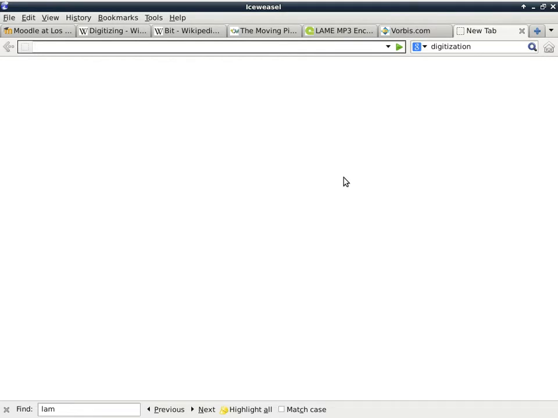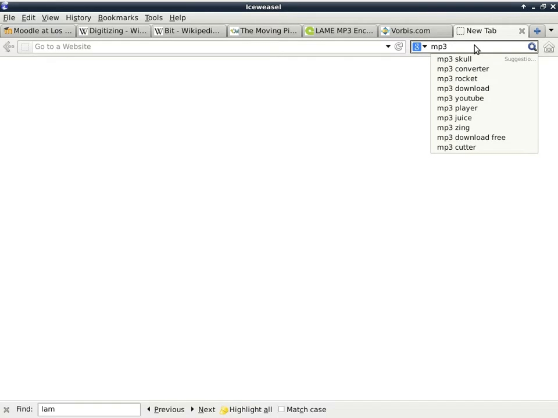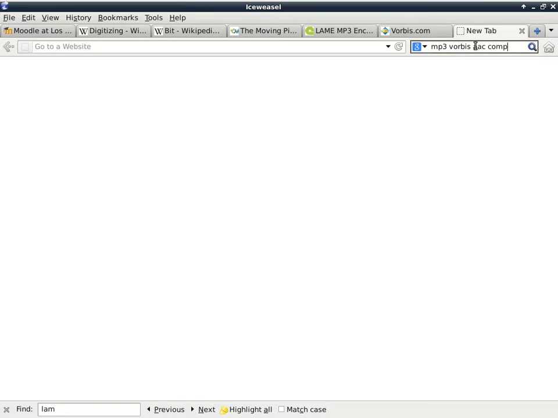So the next question is, should I use MP3, OGG Vorbis, or is it called AAC, the Apple format? Okay, so the question is, how do those particular standards compare? And you can search for that if you want to read about it. So all you have to do is look for MP3, Vorbis, AAC, comparison.